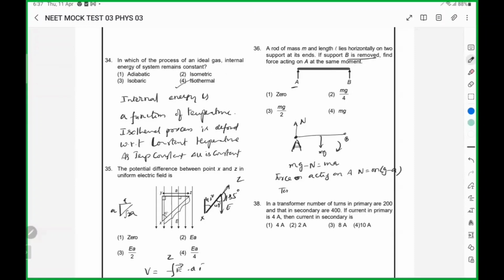So the torque will be I alpha, which is mg into L by 2. If you calculate torque about A, the moment of inertia will be mL square by 3, so I alpha is mg into L by 2. Then m gets cancelled. Alpha is equal to 3g by 2L. We got the alpha value.